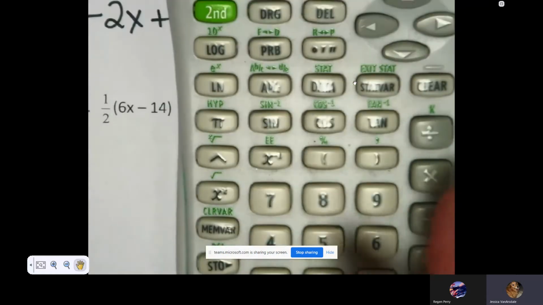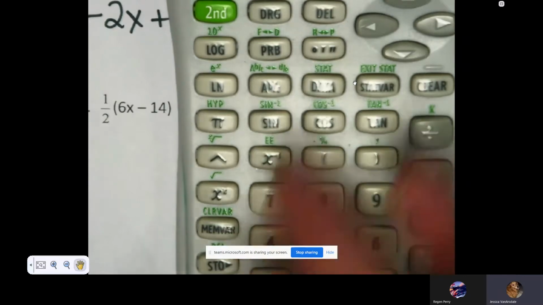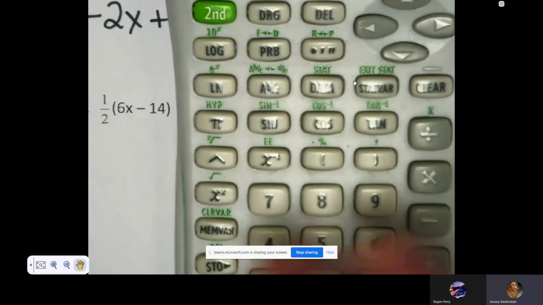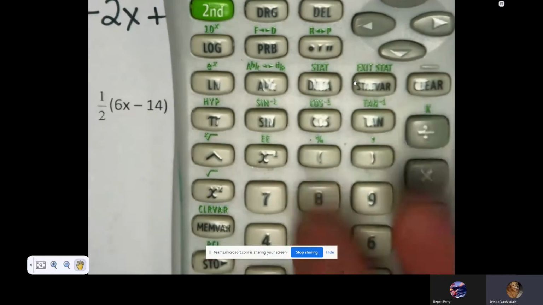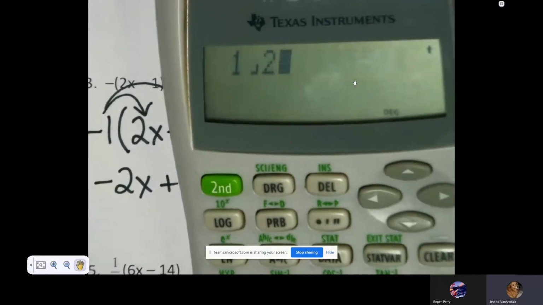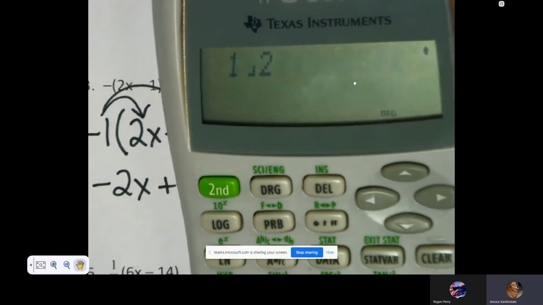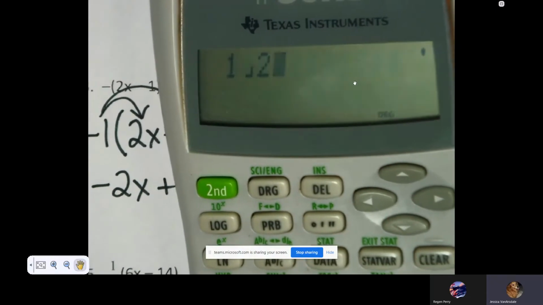Anytime you want to put a fraction in the calculator, that is the bar for the fraction. So if you're putting in 1/2, you're going to hit 1 ABC 2. Everybody do that for me right now. You should have something on your screen that kind of looks like a backwards L, like a little bracket. Does everyone see that on their screen? That means 1/2.